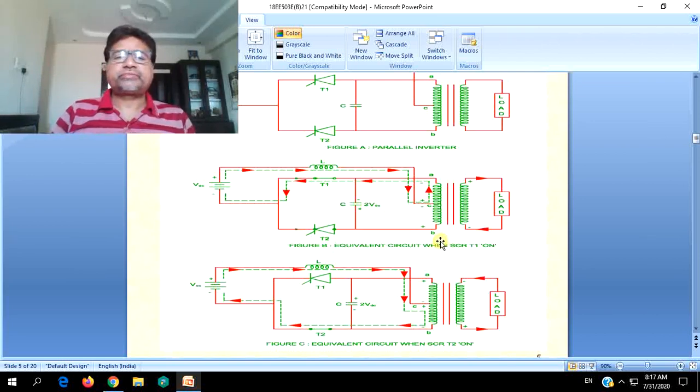Because of this, the total primary has developed a flux and a voltage equal to twice the source voltage. In the upper half it is VDC, in the bottom half also it will be VDC, so the total voltage will be 2 VDC.